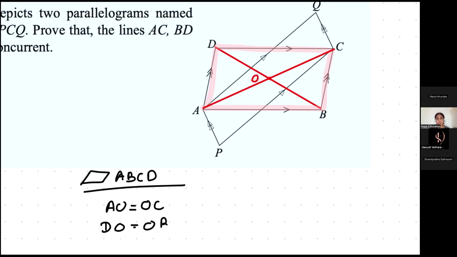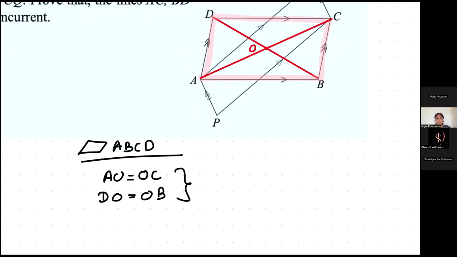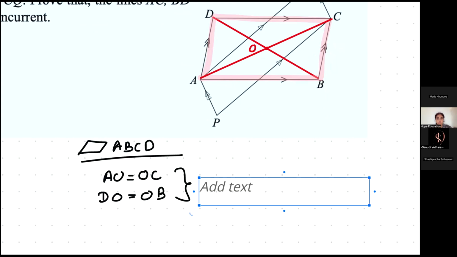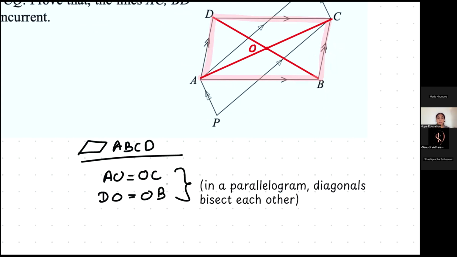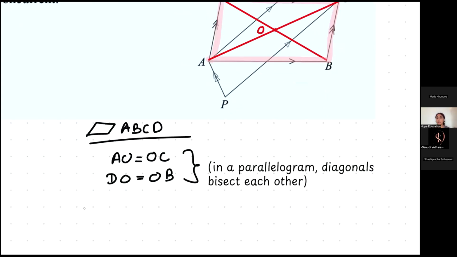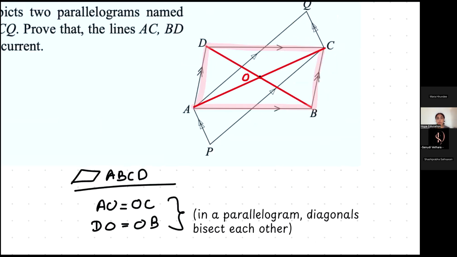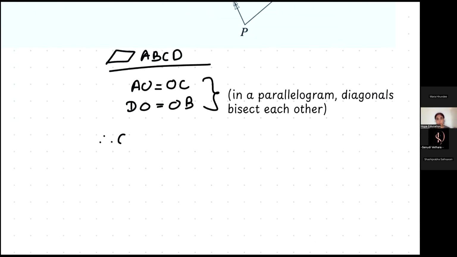The reason is we know in a parallelogram, diagonals bisect each other. Okay. Therefore, so that means what is the midpoint? Midpoint is O, right? Therefore, O is the midpoint. Just see how I'm doing this. O is the midpoint.